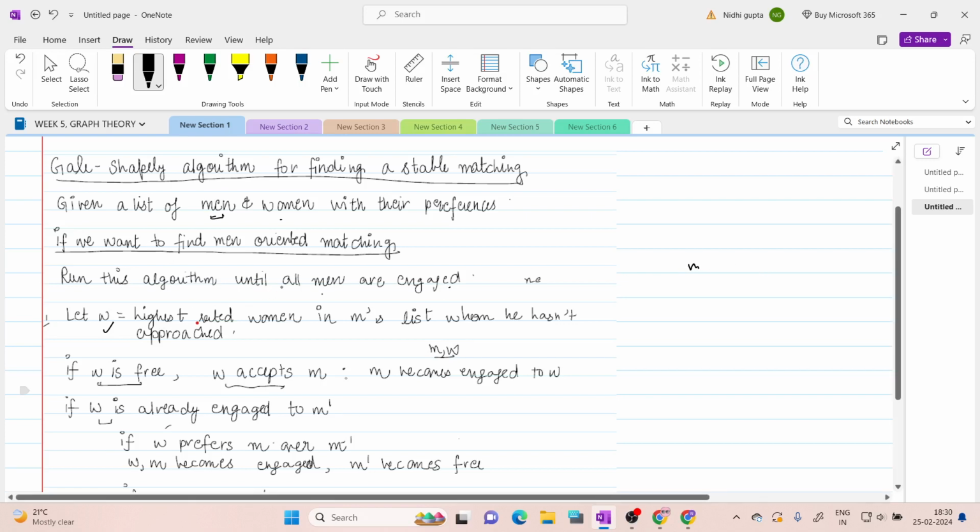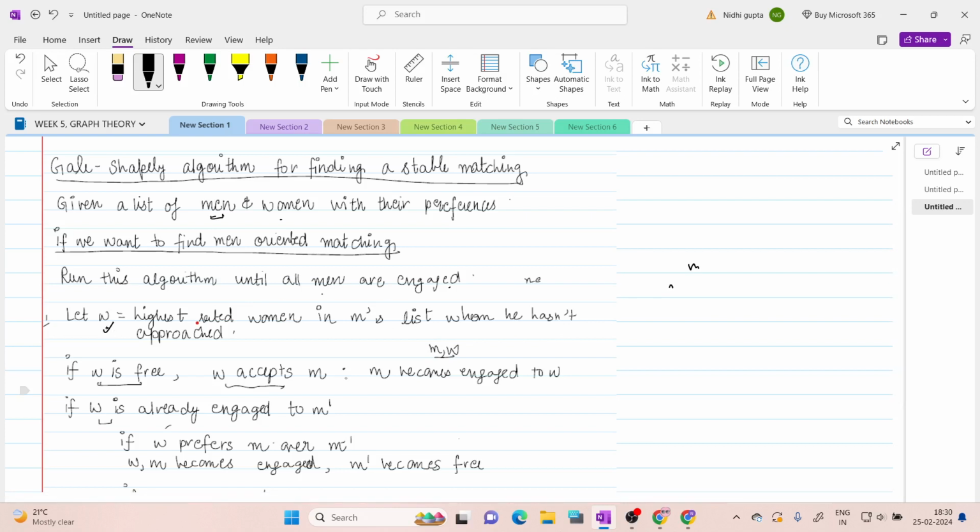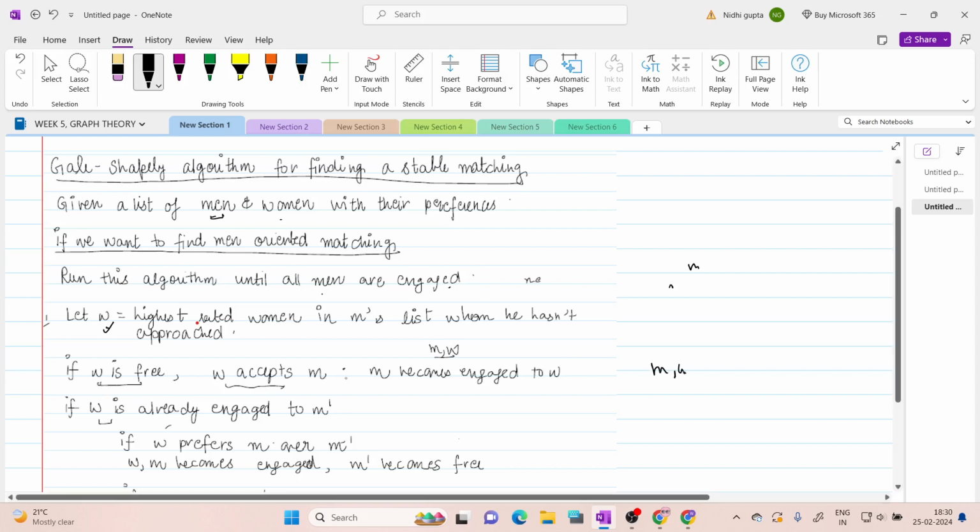So we'll start with the first man, m1, and look at his highest preference. Suppose that is w. If w is free, as in it has not been assigned to any other man before, then m and w become a pair, they become engaged, and m is not free.